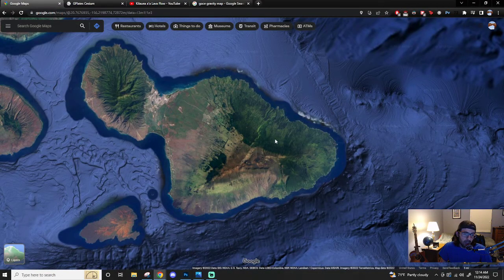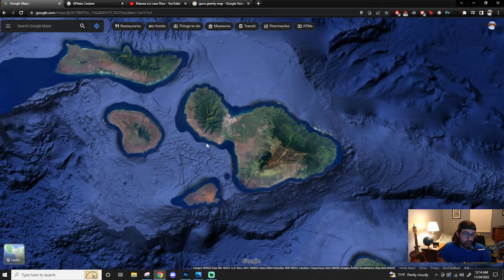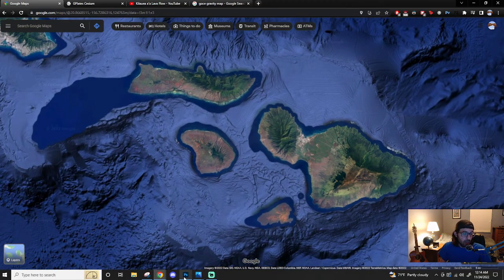I don't want to get too stuck on the currents because it's not as important as the overall picture that this is probably happening, and here's some cool things about it.